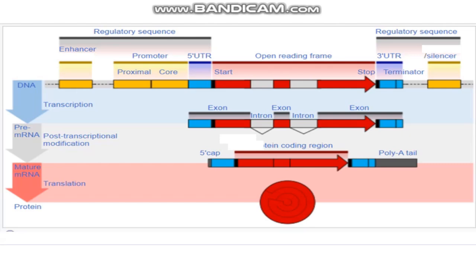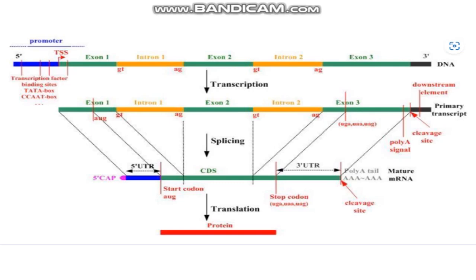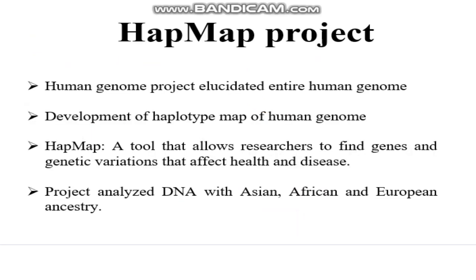These two data are the coding sequence or the open reading frame of the gene, as well as the single nucleotide polymorphisms of the gene. As we know, if we are able to access the coding sequence of the gene from these different databases, then this is the contribution of the Human Genome Project.